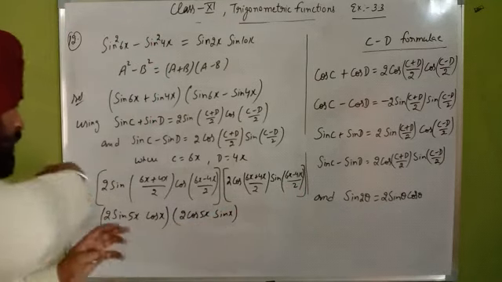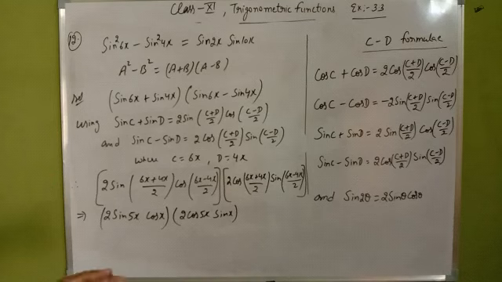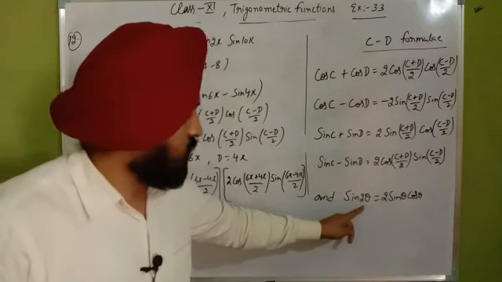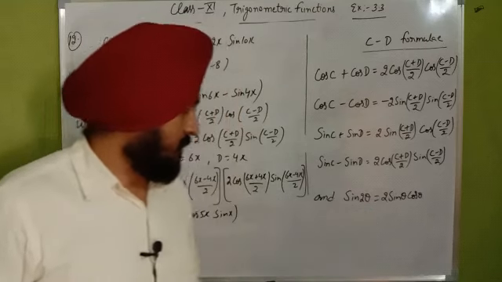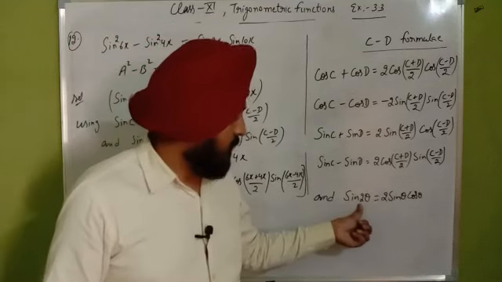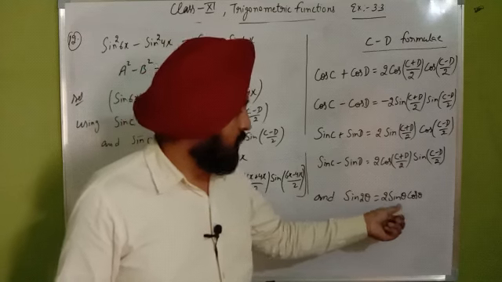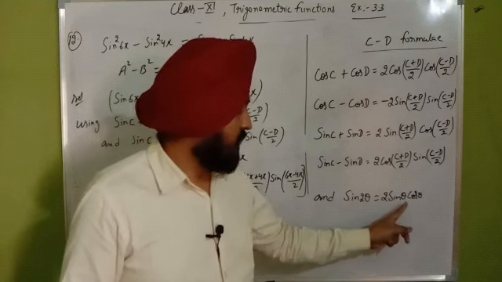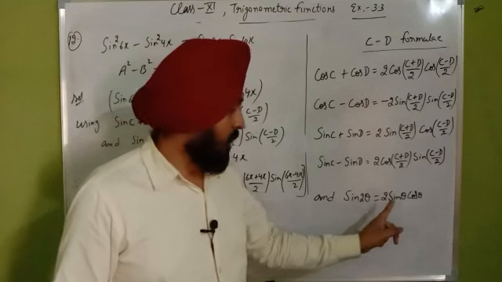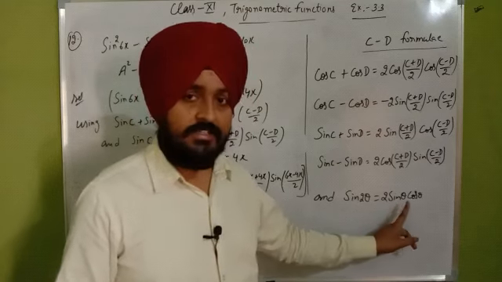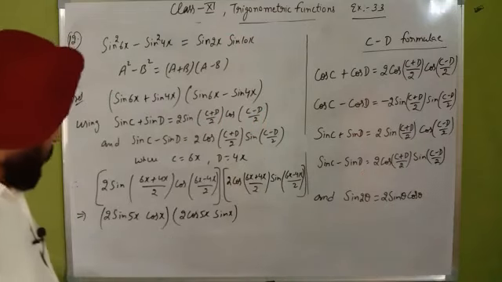Clear? Now there is a new formula: sin 2 theta is always equal to 2 into sin theta into cos theta. That means if the angle is double, it is divided into two parts like this, 2 sin theta into cos theta, and the angle is half. Now check here.